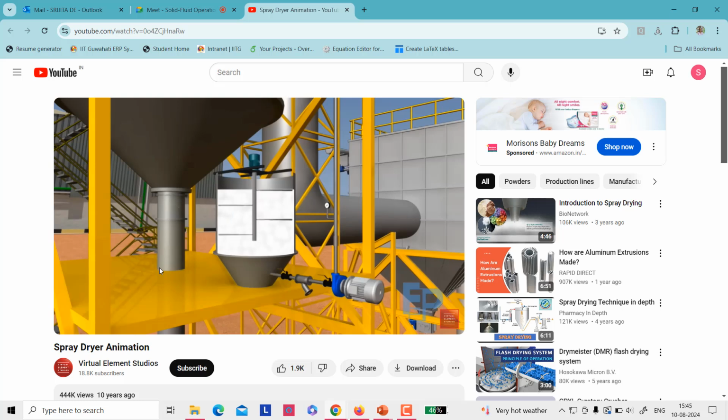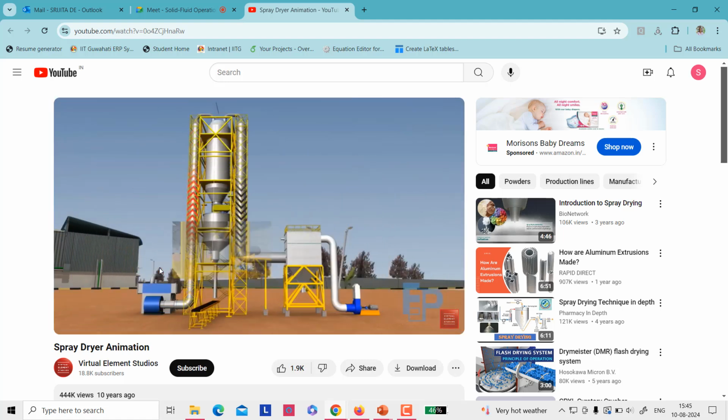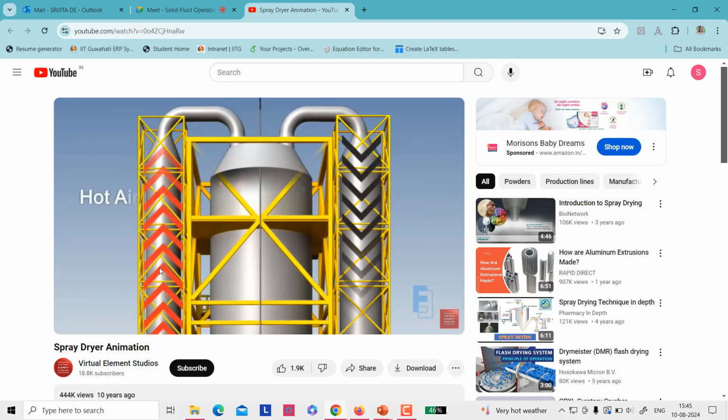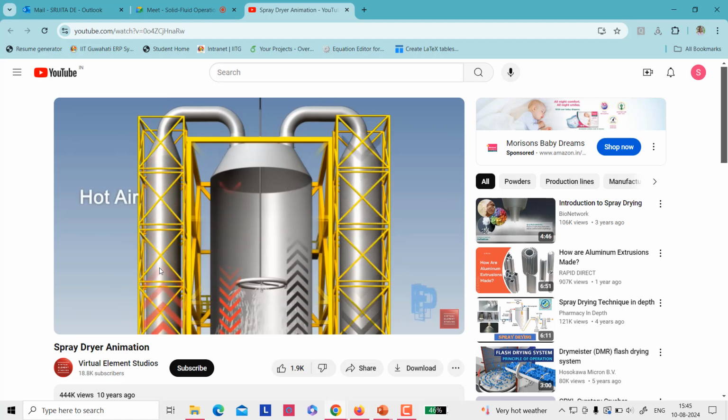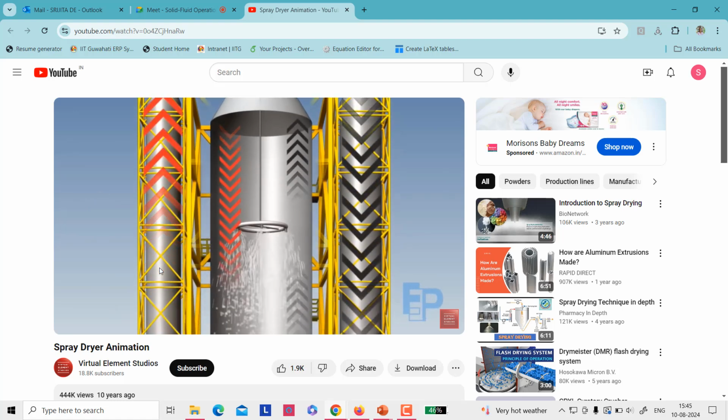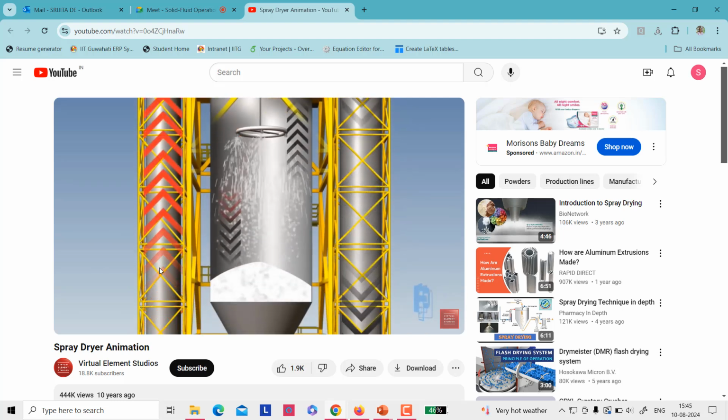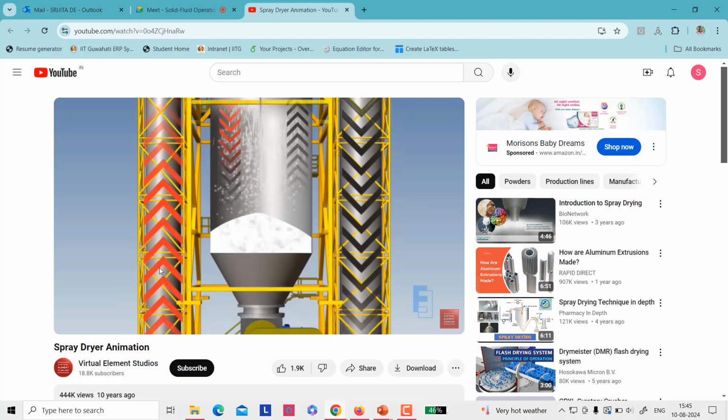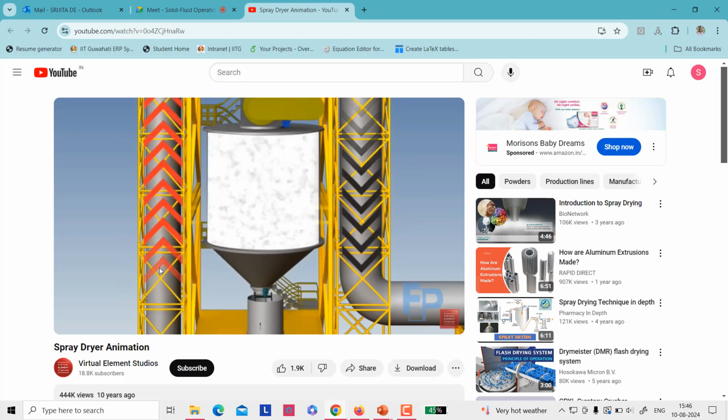So here it is a rotator. Hot air is coming and it is spraying, and that is how the particles get dried.